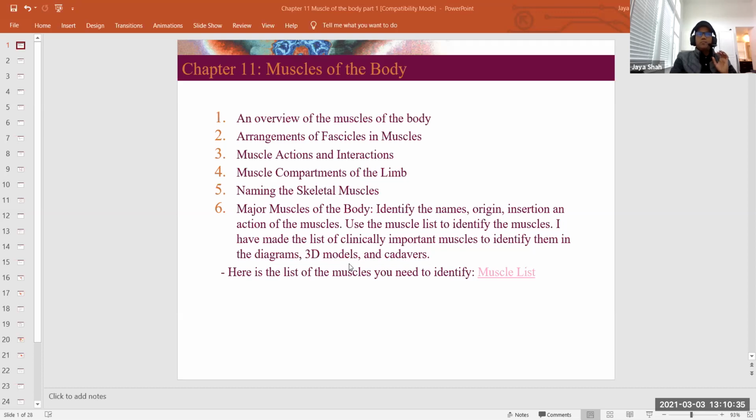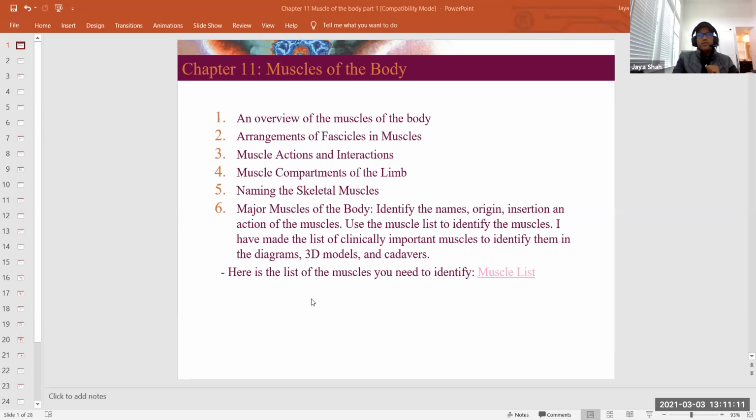At the beginning, first thing you do, take the list and identify where they are so that you can close your eyes and imagine where these muscles are. Just identify the names. Once you are able to identify the names, then you can start identifying the origin, insertion, and action of the muscles.